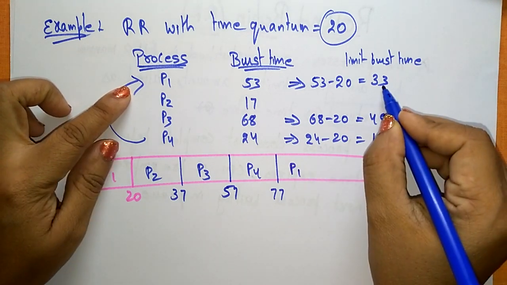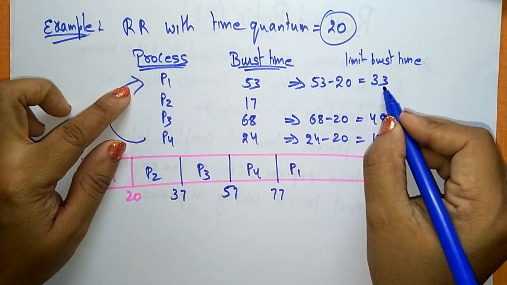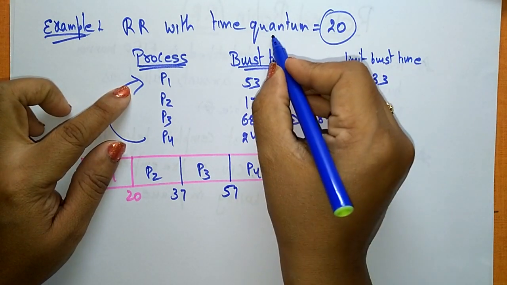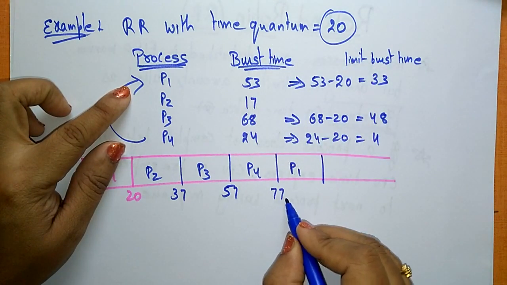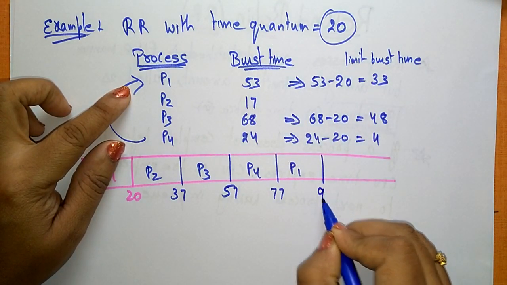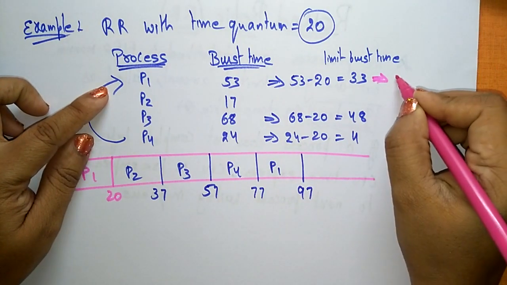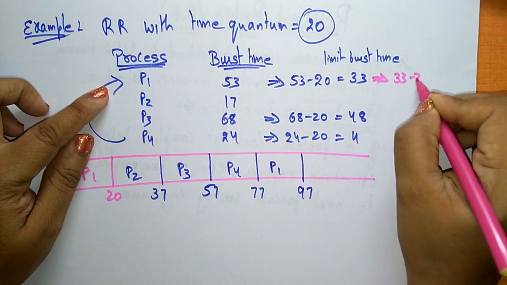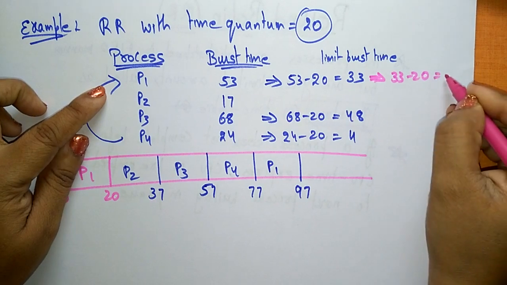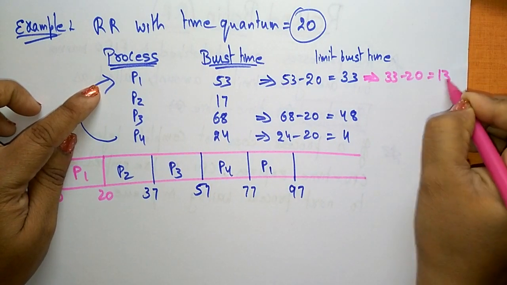Now P1's remaining burst time is 33, but our quantum is 20. So 77 plus 20, you will get 97. Still 33 minus 20, there is 13 remaining.